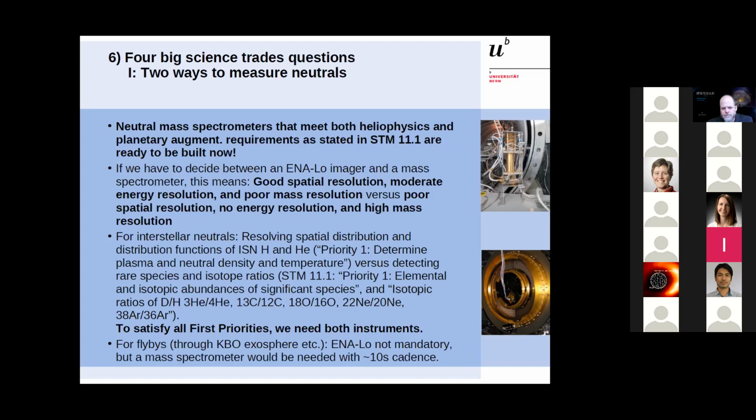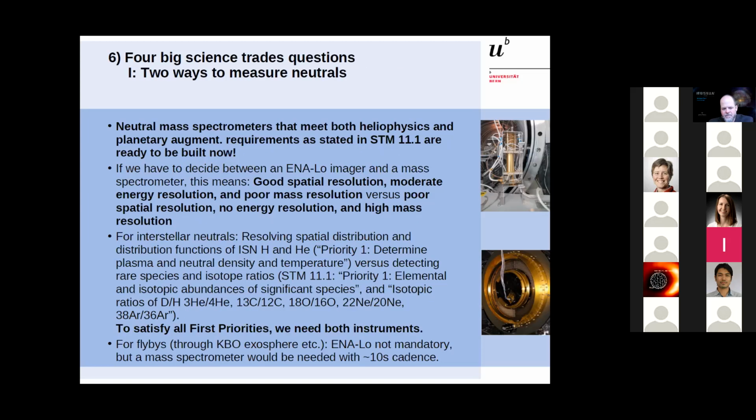And of course, engineering wise and budget wise, I understand why it's a hard sell to have 3 different ENA imagers, but we must understand what the scientific implications are for this.